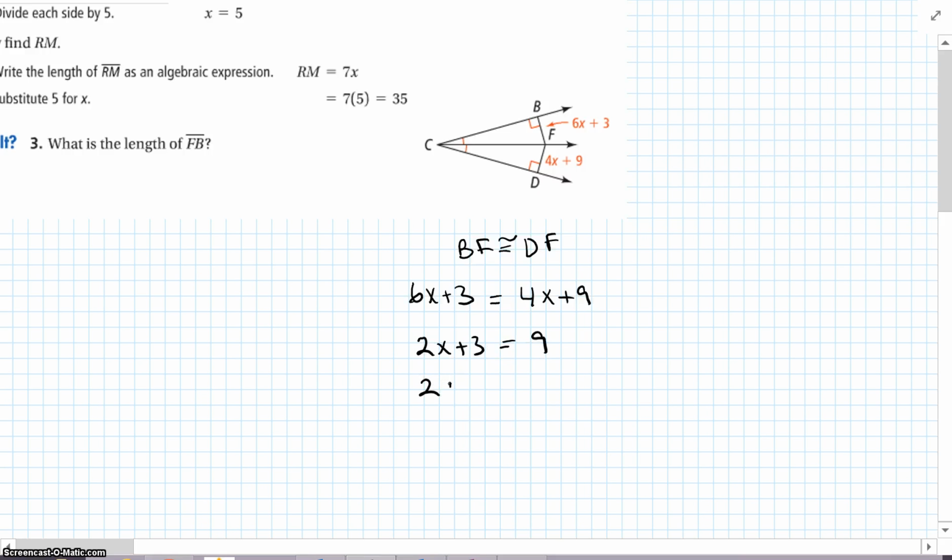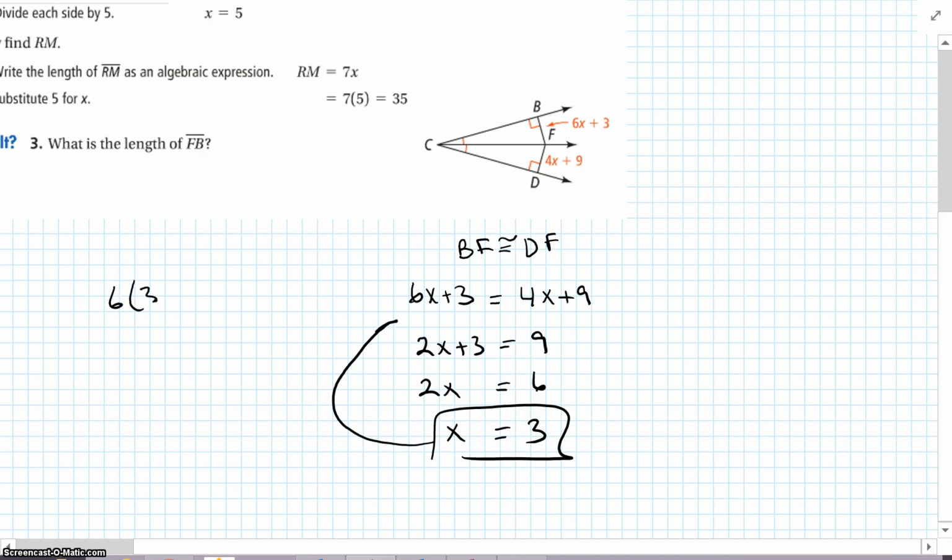Subtracting 3, so 2x equals 6. Divide by 2. So x equals 3. So it's asking for BF. So 6 times 3 plus 3 is 18 plus 3, which is 21. So the length of FB must be 21. So DF is 21 as well.